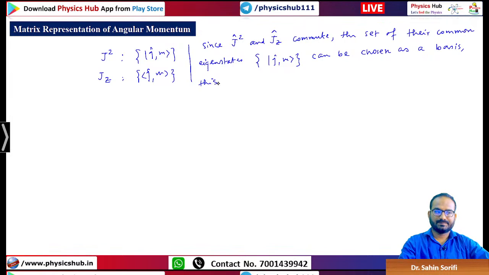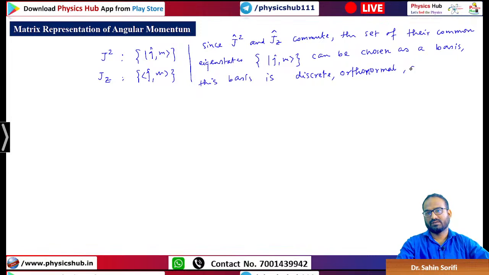This basis is discrete, orthonormal, and complete.